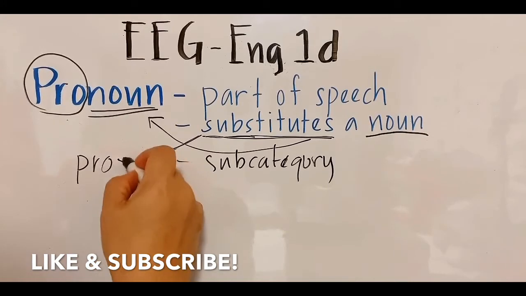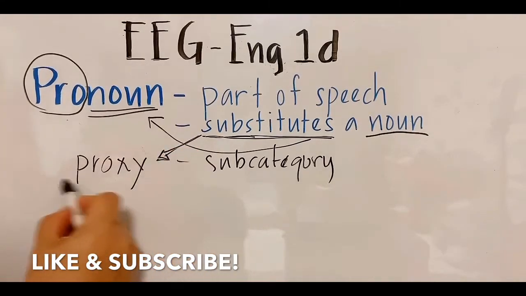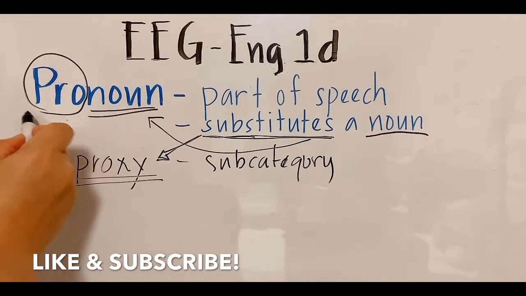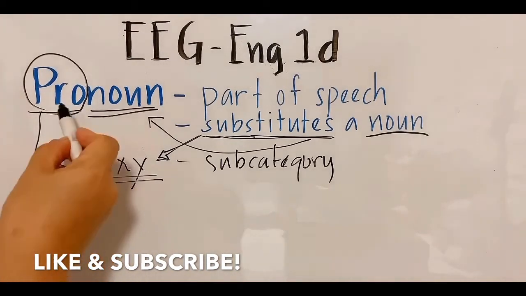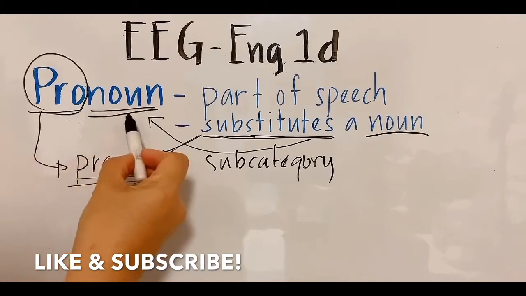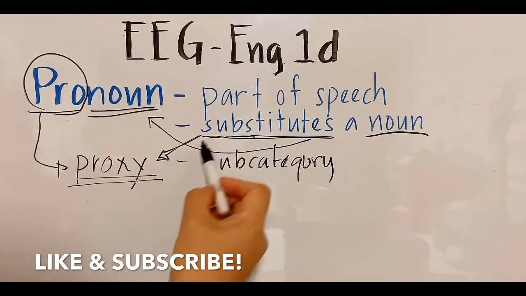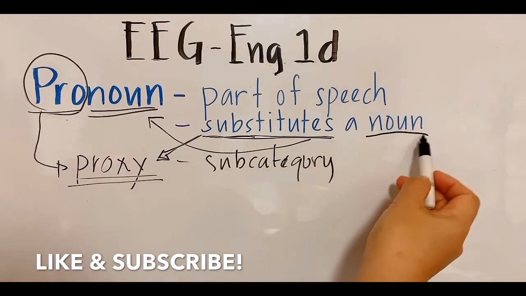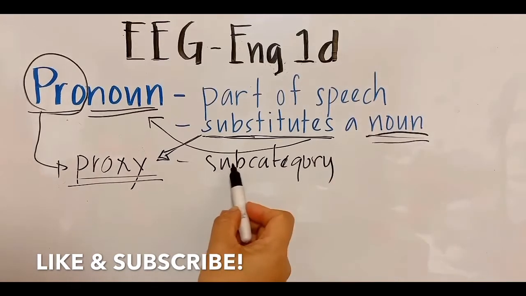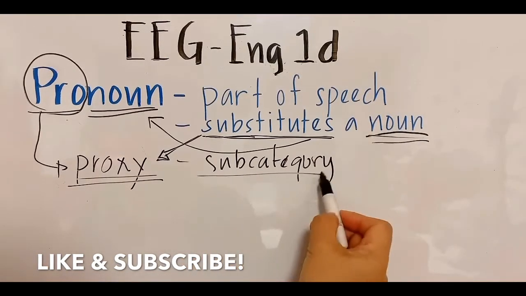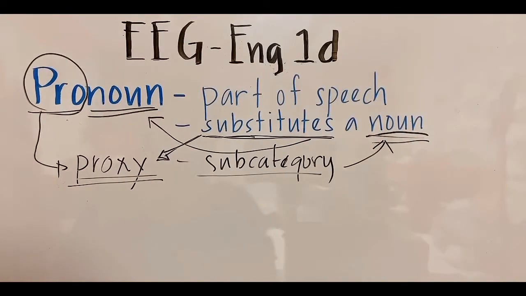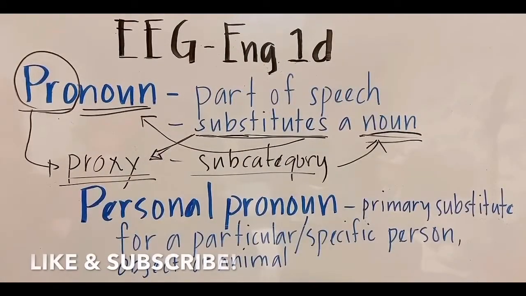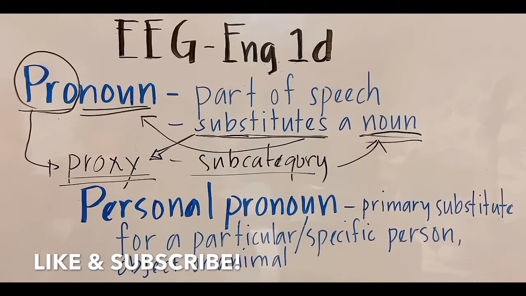It can be proxy. So this pro here is derived from proxy. A pronoun is then a proxy or a substitute of a noun, which is a subcategory of a noun. Is that clear? There are different types of pronouns, and the first one is the personal pronoun.